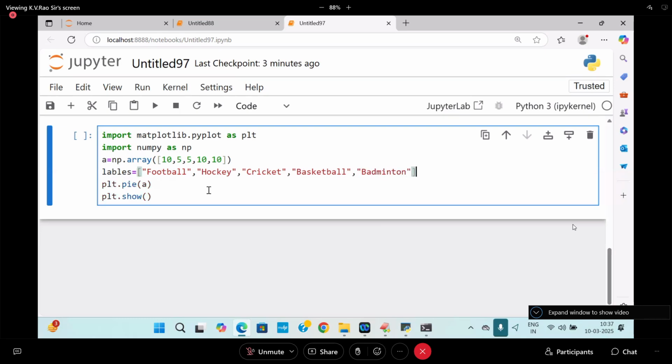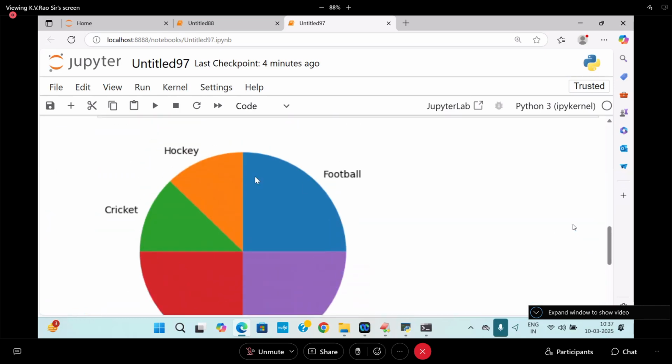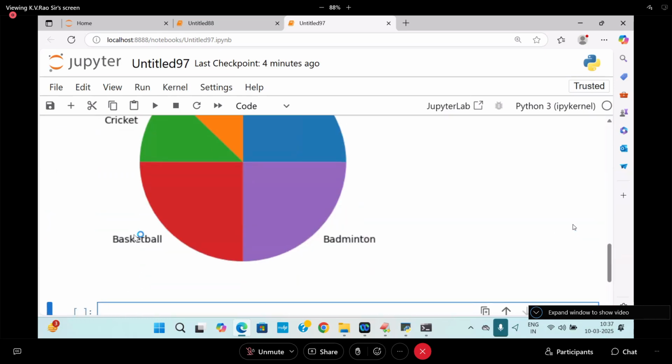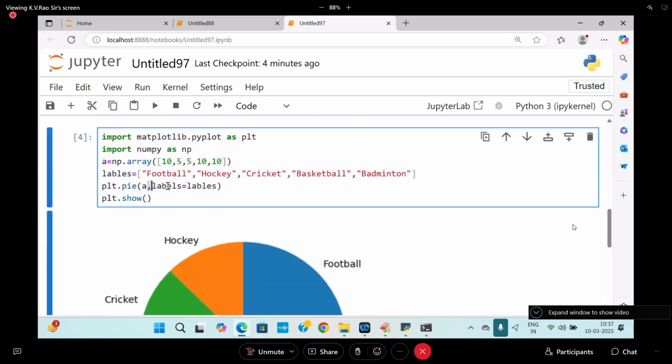So these are the values you are mentioning. Comma, what did I mention? labels is equal to labels. So I'm writing this one. So you are going to get it here: football, hockey, cricket, basketball, and badminton. Like that, I can take out. What is the parameter? Labels.